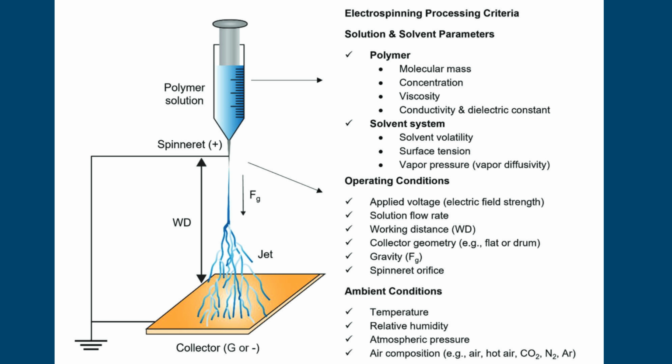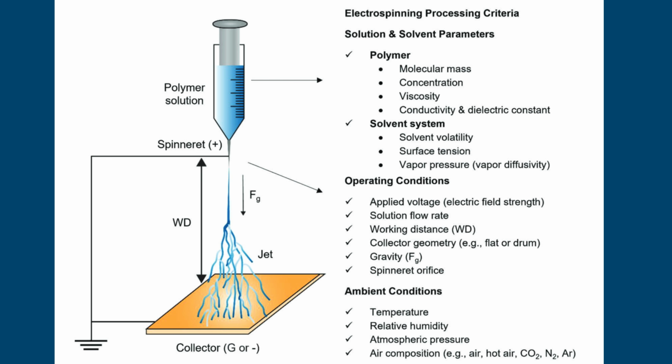Processing parameters. The morphology and quality of electrospun fibers are governed by a complex interplay of solution properties, operational conditions, and environmental factors. Solution properties such as polymer concentration, molecular weight, viscosity, surface tension, and electrical conductivity are critical in determining the stability of the jet and the formation of continuous fibers.